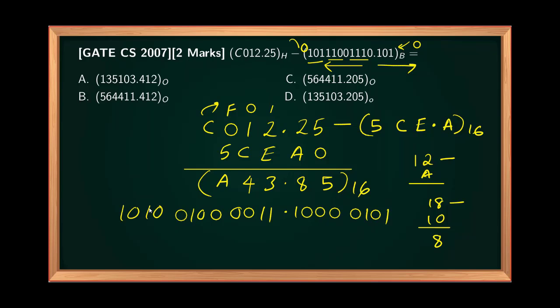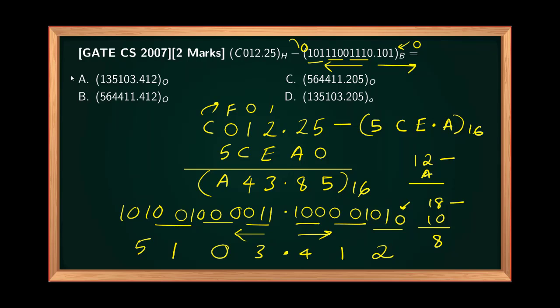To convert into octal, we have to branch 3 digits at a time, left to right here, right to left here. So this will become 4, this 3 digit will become 1, and by default I will have a 0 here. 010 is 2, this will become 3, 000 is 0, 001 is 1, 101 is 5.